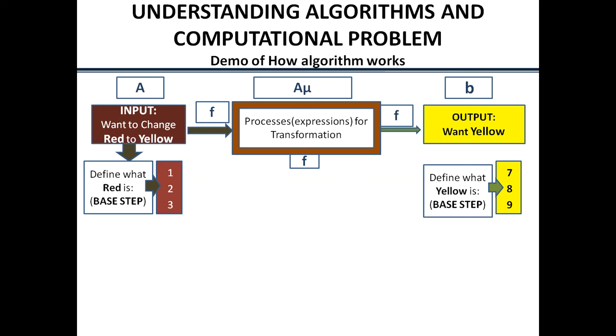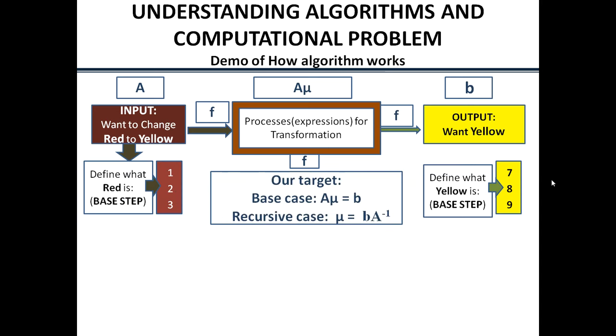Okay, so now we have defined our input and the output. So this is our input now, the problem. The problem is we have red and we want to change it.